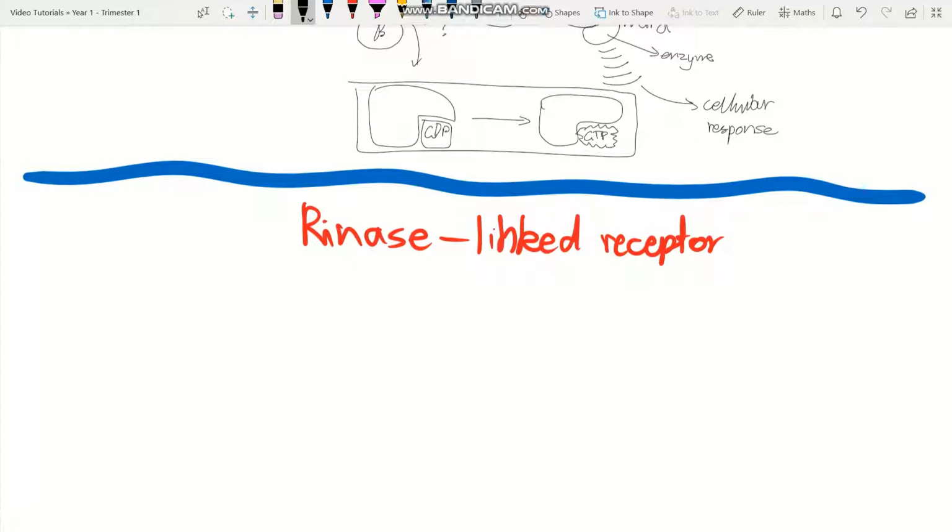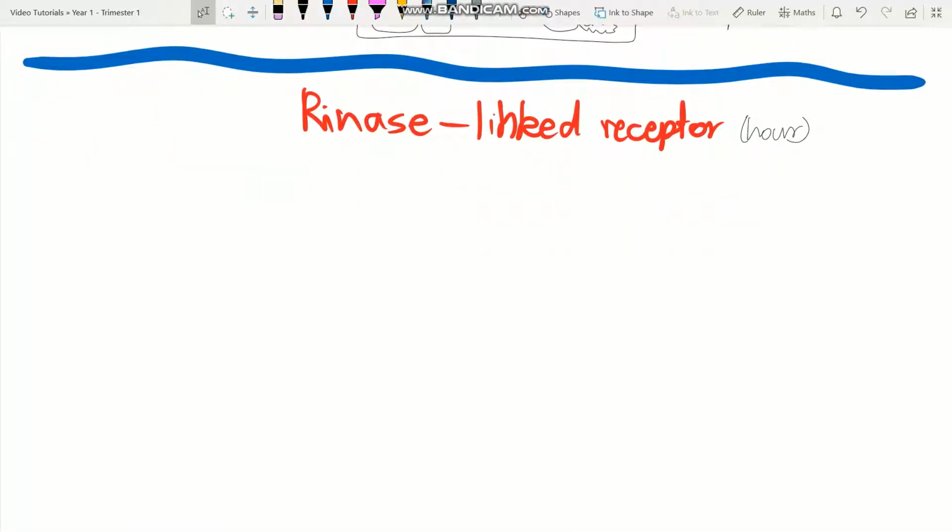They usually take around an hour to insert their effects. So what does a kinase-linked receptor actually entail? Well, similar to G-protein and ligand-gated ion channels, these receptors are extracellular receptors. This means that they contain receptors in the extracellular environment.